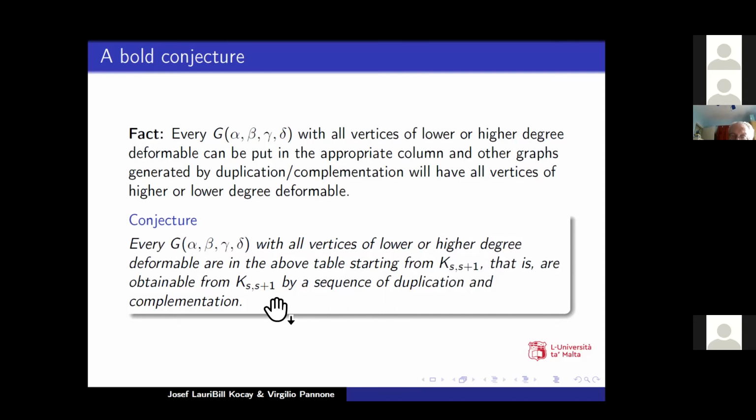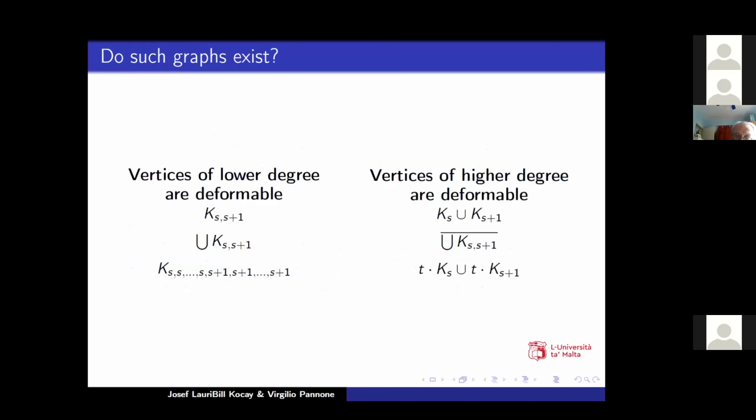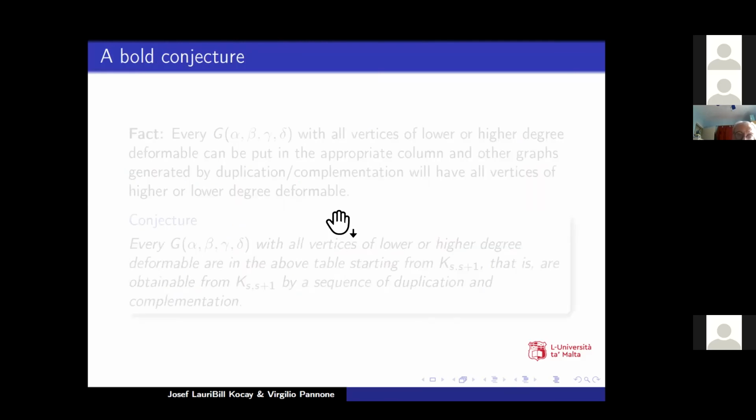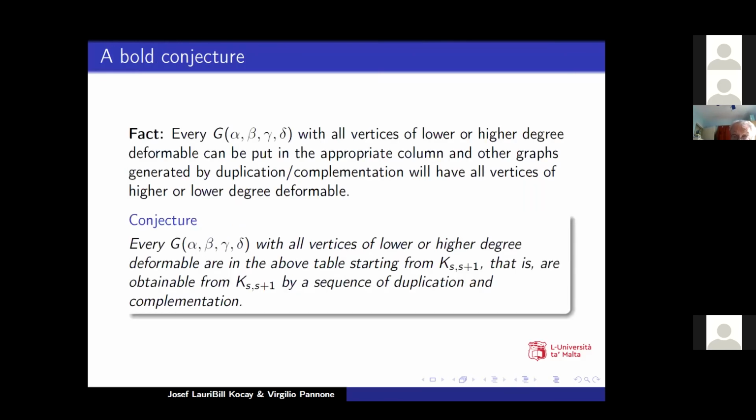This is obtainable from this by a sequence of duplication and complementation. So basically, I'm saying that this contains all these graphs. As I said, we're still calling it a bold conjecture. If we get a bit nearer, we become a conjecture. Okay, this is the conjecture I wanted to get to.